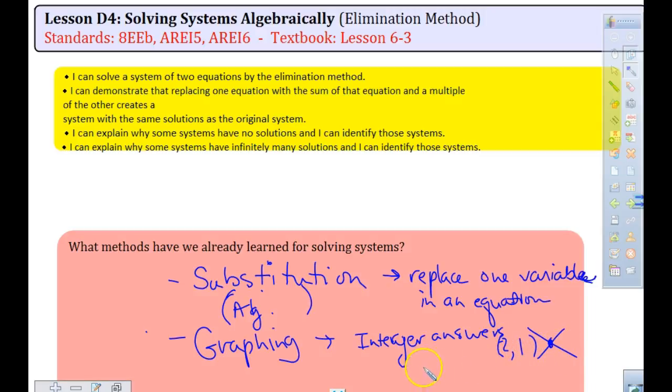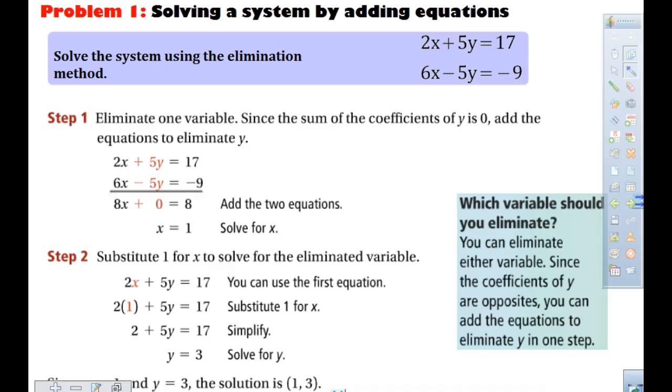But if I have -2.25 and -3 1/4, that's kind of hard to picture when graphing and to get it exact. So graphing is great when we have integer answers and when our equations are in slope-intercept form. But when we have huge y-intercepts and our equations are not set up that way, it is not a good method.